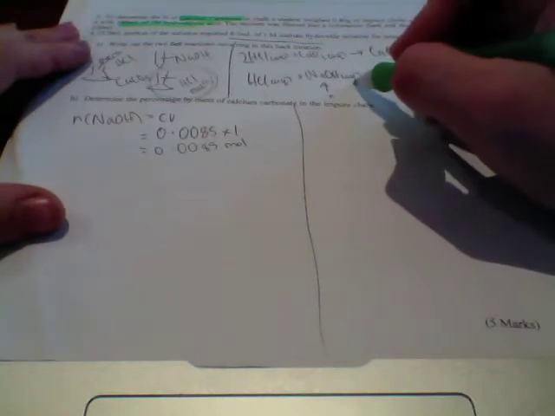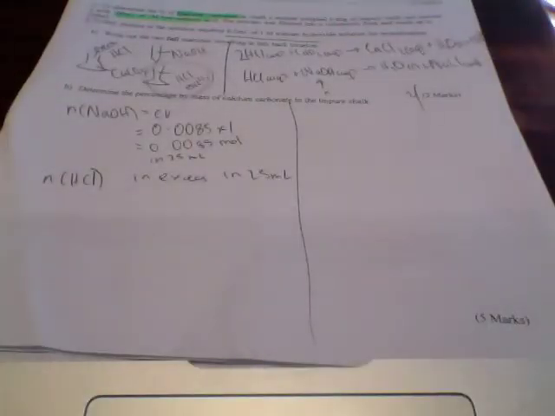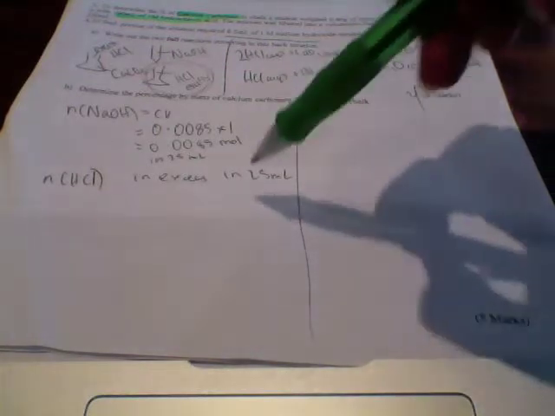So, next step, we've got the moles of NaOH in the 25 mil. So we have the moles of HCl in excess in 25 millilitres, right? We have the mole of HCl in excess in 25 millilitres.